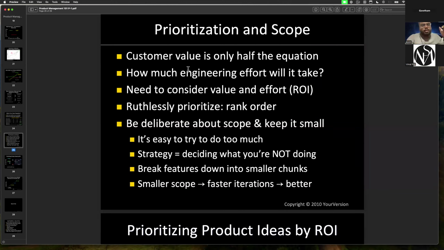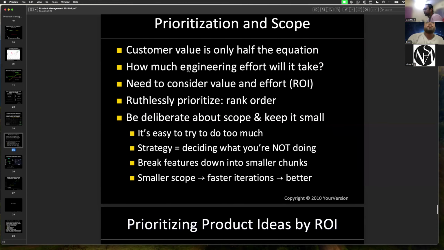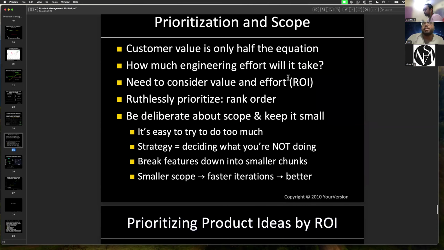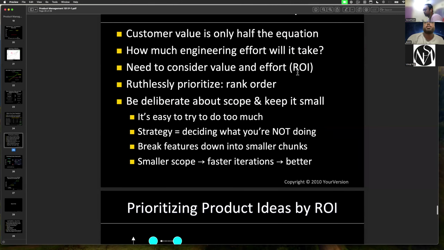Like I showed you the system diagram, right? Business strategy, product strategy, development, everything. You have to think about all these things other than the customer value. So how much engineering effort will it take? You need to consider value and effort, ROI.